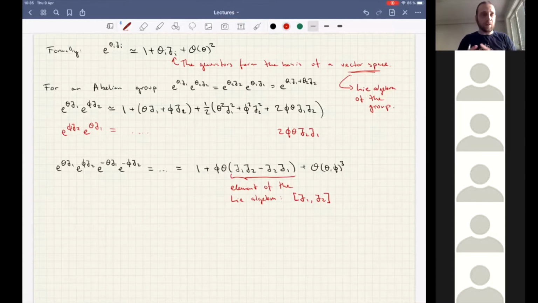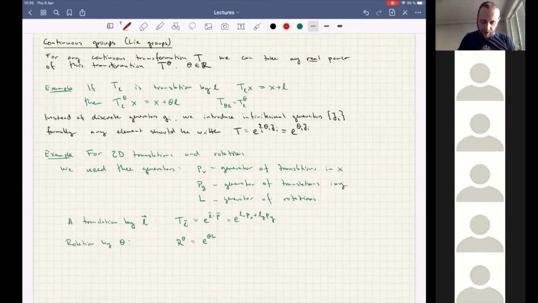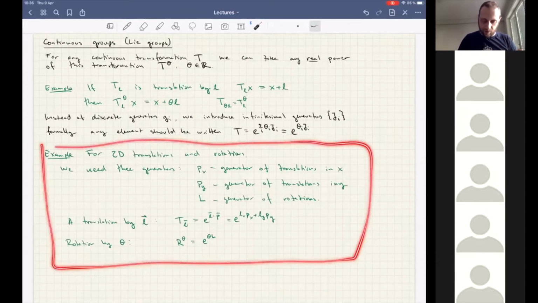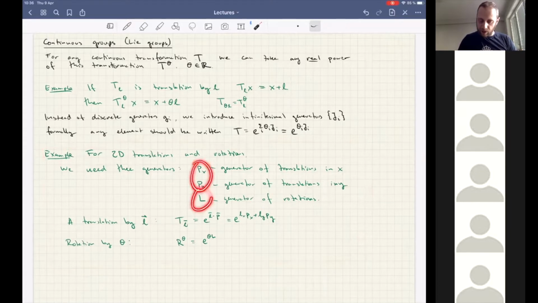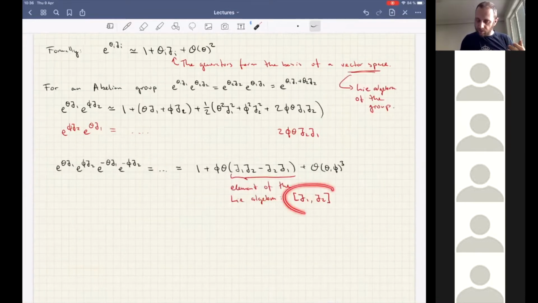And if we look here at the translations and rotations that we had as an example, we had the momenta and we had the angular momentum here. And this Lie algebra commutator is just going to be the Poisson bracket.